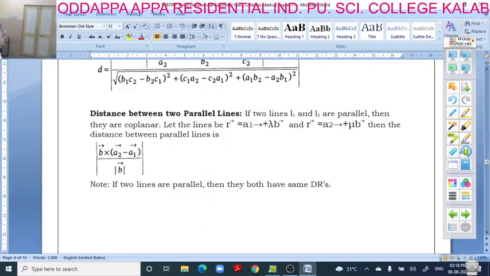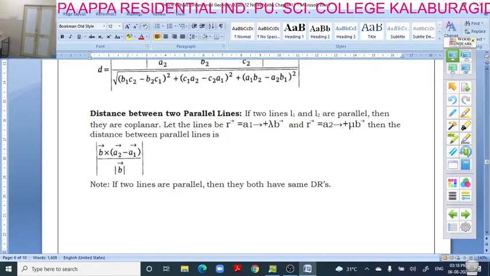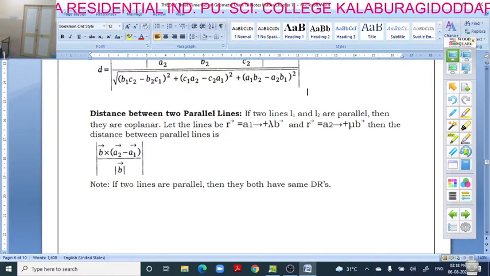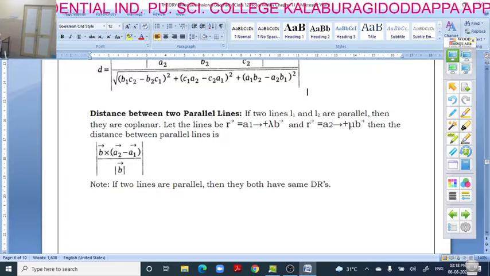Next, distance between two parallel lines. If two lines are parallel, then they are coplanar.